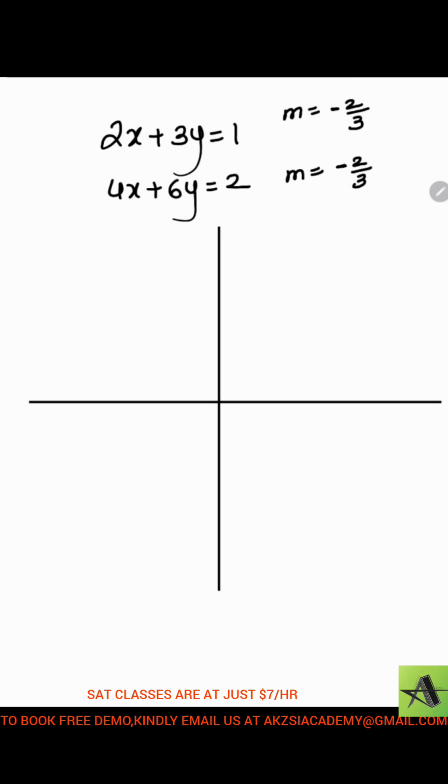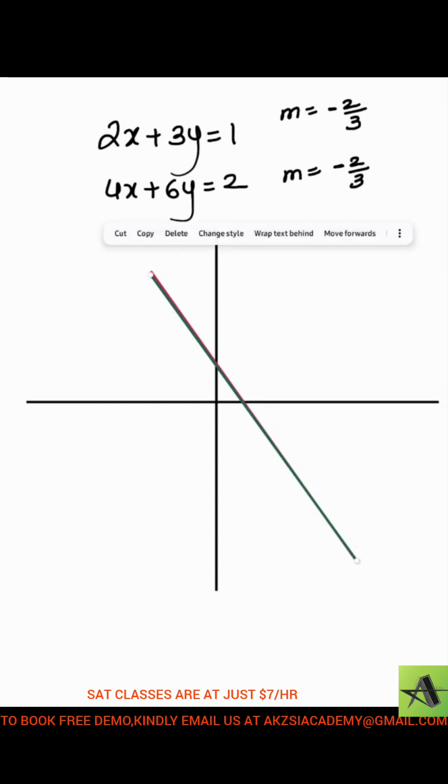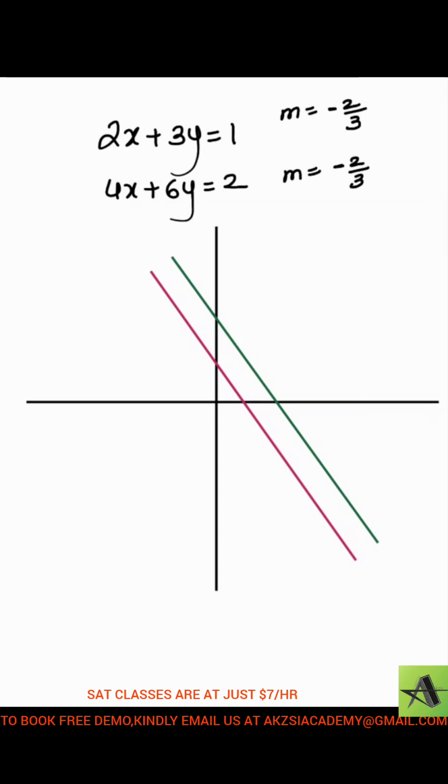So when I'm plotting this one, roughly, they have the same inclination when they are parallel, and when I overlap them like this, still the inclination is exactly the same. Only they are overlapping. That means they are sharing the same y-intercept, and that's why finding the y-intercept is very important. So in this case, the y-intercept is 1 over 3.